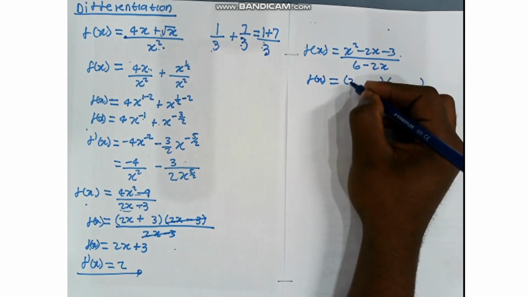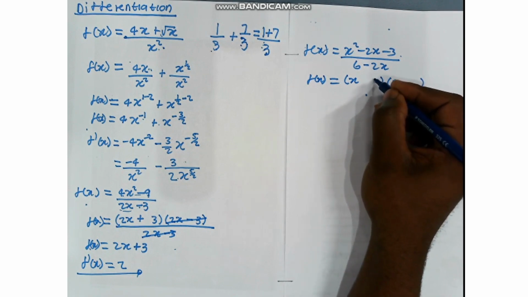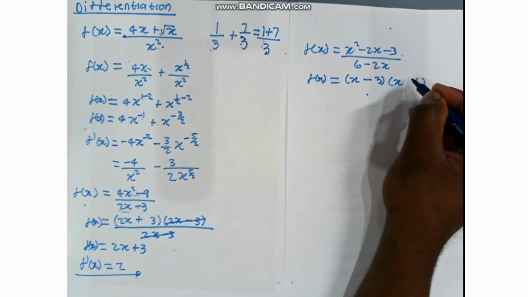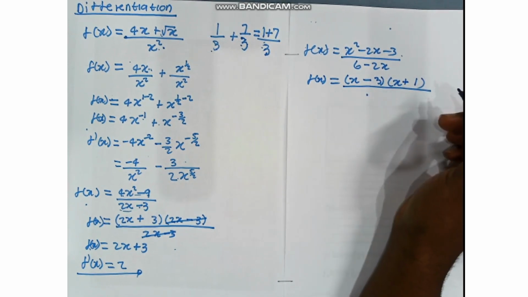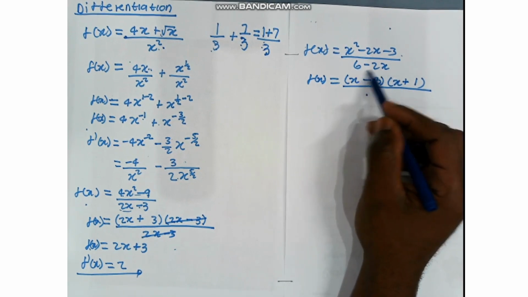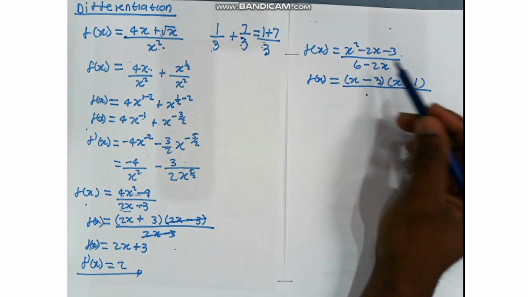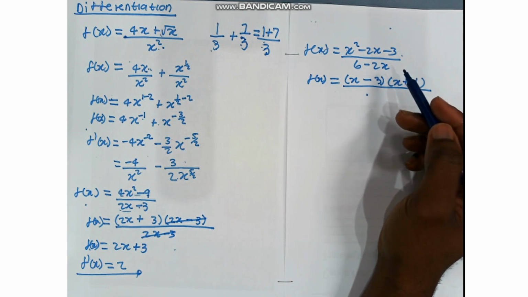The factors of that are 3 and 1, where we have negative 3 and positive 1, all over. Now here we have a common factor. Our common factor is 2, because 2 goes into 2 and 2 goes into 6, three times.